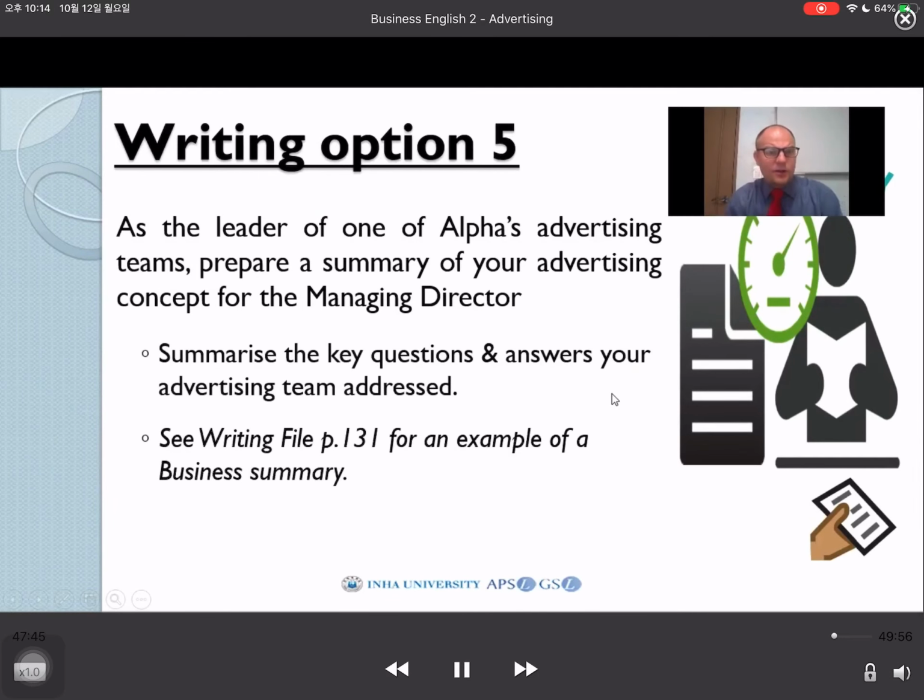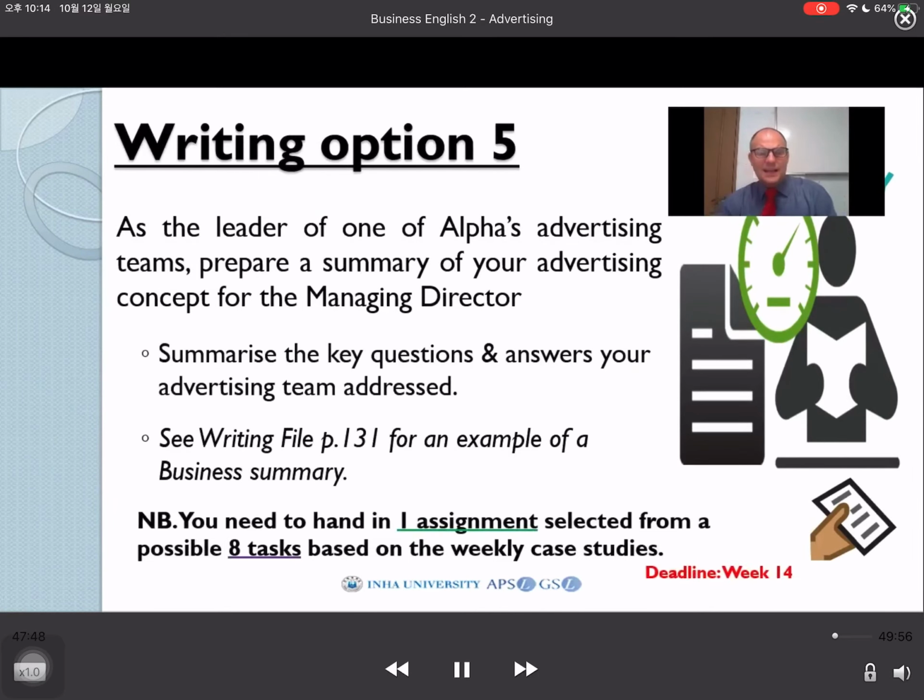What you need to do is, as the leader of one of the Alpha Advertising teams, prepare a summary of your advertising concept for the managing director. Again, you can use a lot of the stuff that you put in the forum post this week to answer this writing assignment. It's quite an interesting one, quite a good one to do. You can see an example of a business summary on page 131, but that's just a very basic example.